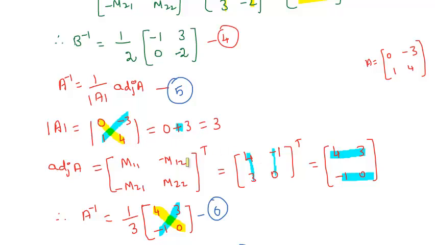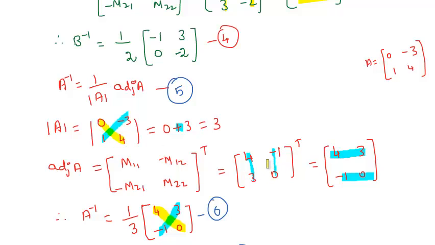For the second element, that is M12, if you eliminate the second column and the first row, you will get 1. In the formula you have minus 1, so you will get -1. For the third element, if you eliminate the first column and the second row, you will get -3. In the formula you have minus 1, so you will get +3. For the fourth element, you eliminate the second column and the second row, you will get 0.